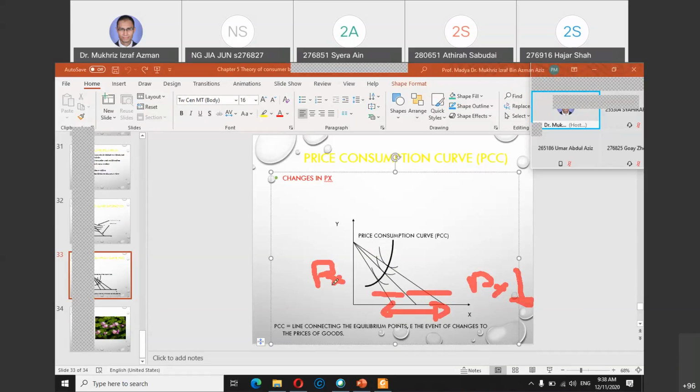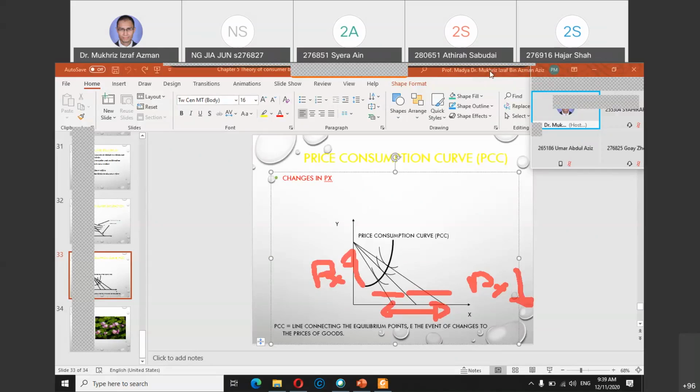So income remains the same, the price of Y remains unchanged, but only the price of X changes. If the price of X decreases, the curve will shift to the right, and if the price of X increases, the curve will shift to the left.